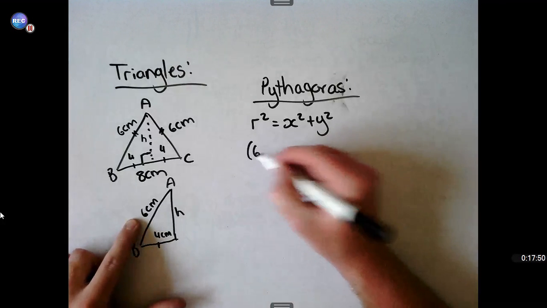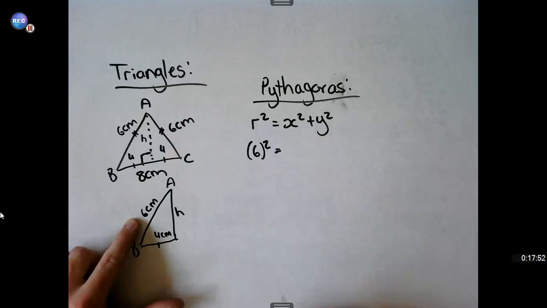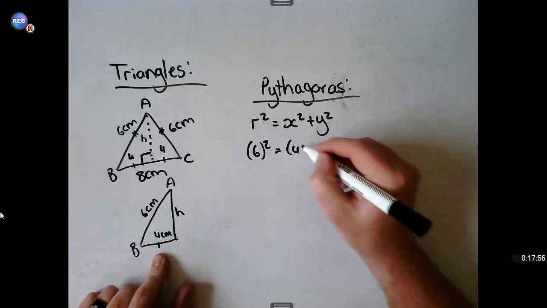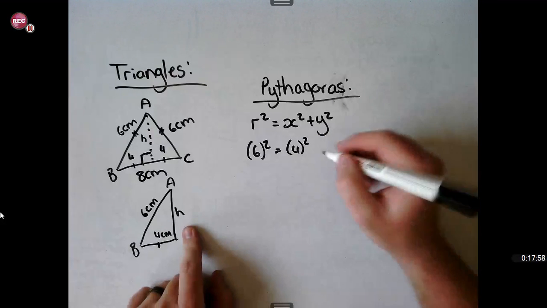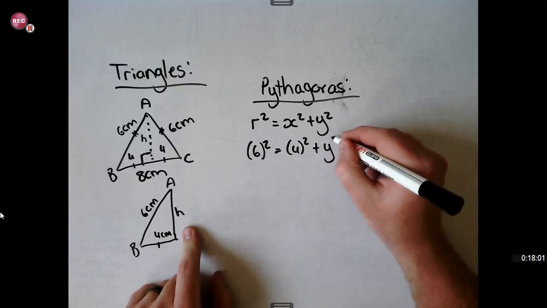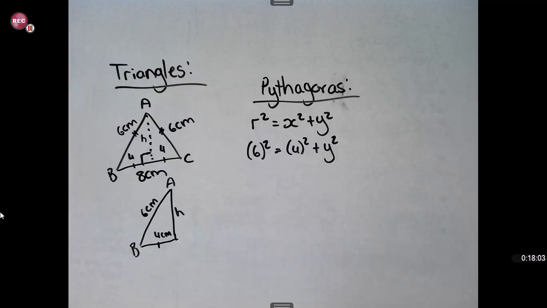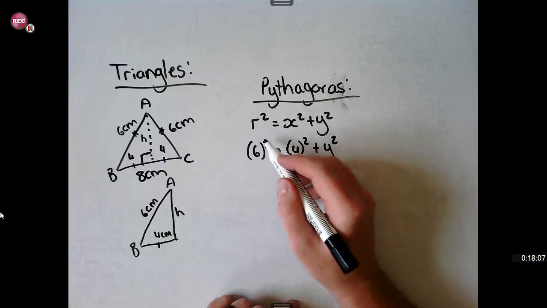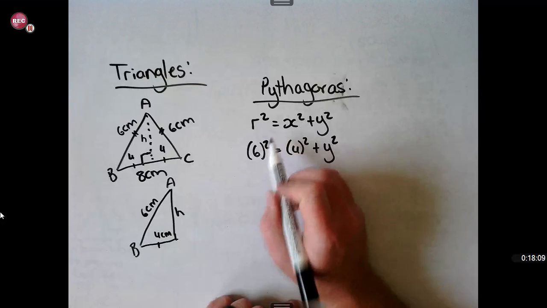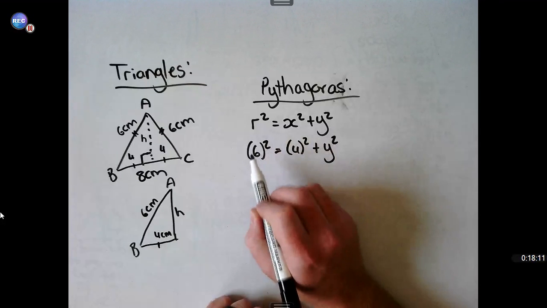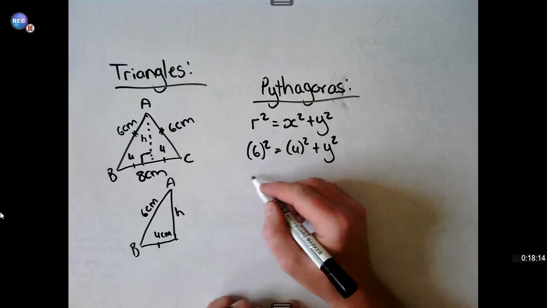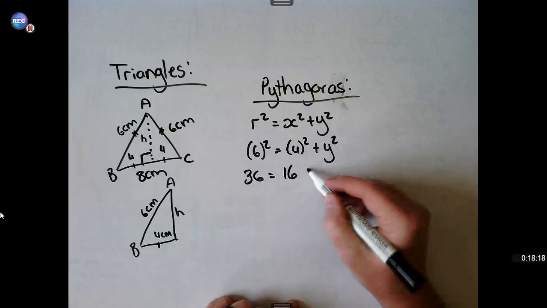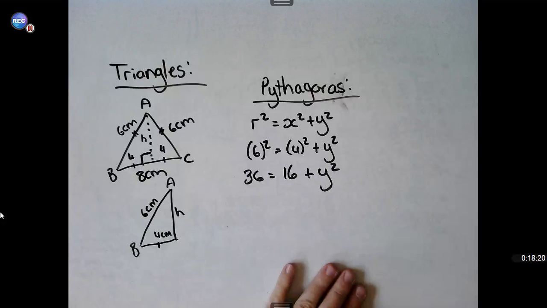So we open the bracket, put 6, put square, and then equal. X, that is 4 squared. Then the height is what we are looking for, which is y squared. So 6 times 6, please don't say 6 times 2. The exponent tells you that you need to multiply the base by itself. So 6 times 6 is 36 equals 4 times 4 is 16 plus y squared.